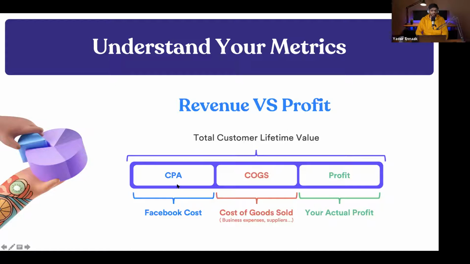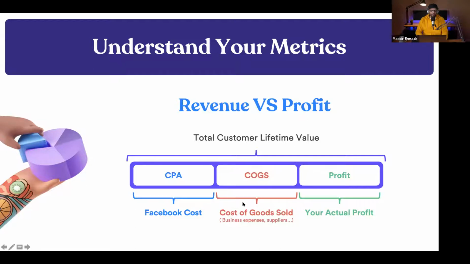So if we spend $1 on Facebook, we get $3. $1 for Facebook, $1 for the cost of goods sold, and $1 for the profit. So that's a typical figure for a physical e-commerce store, right?